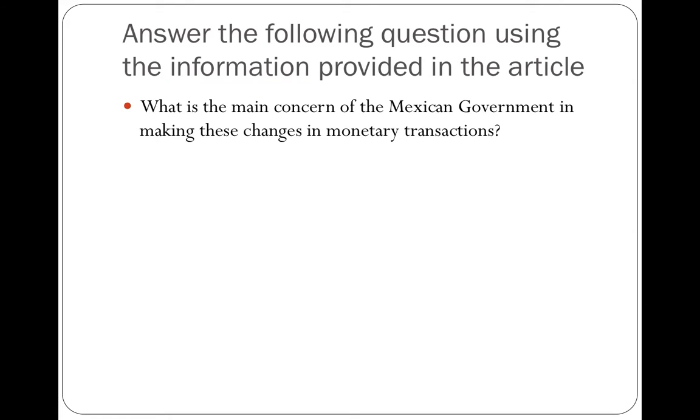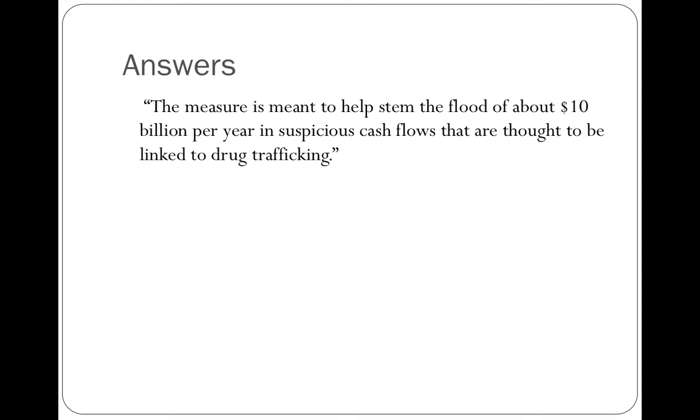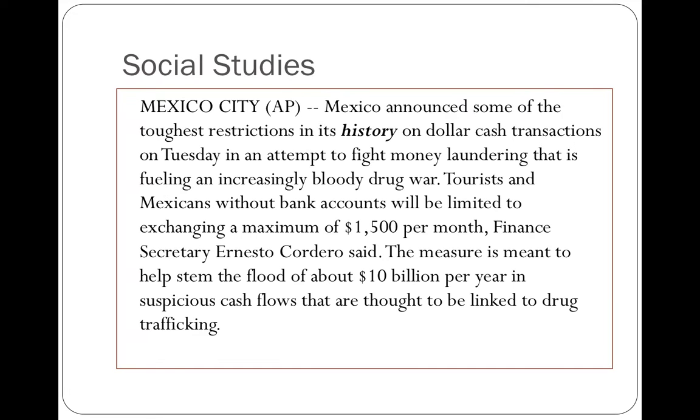Okay, so here's some questions. Using the information provided from the article and identifying your own details, we're going to check to see if we're on the same page here. What is the main concern of the Mexican government in making these changes in monetary transactions? Well, honestly, let's go back here and let's look at the text. The measure is meant to help stem the flood of about $10 billion per year in suspicious cash flows that are thought to be linked to drug trafficking.